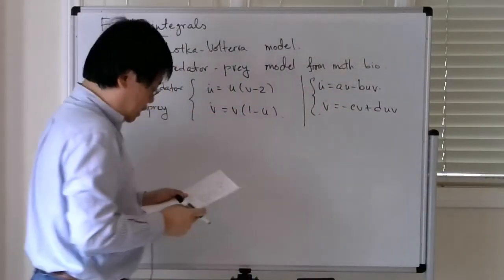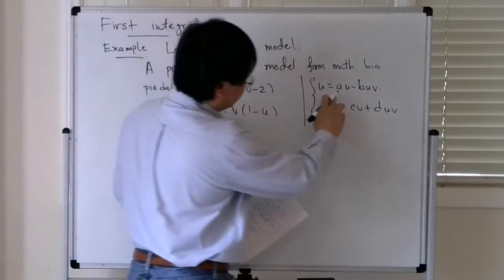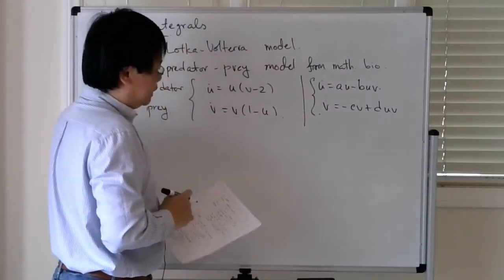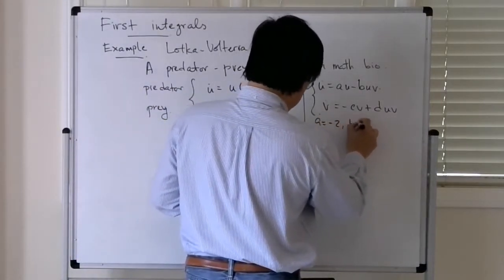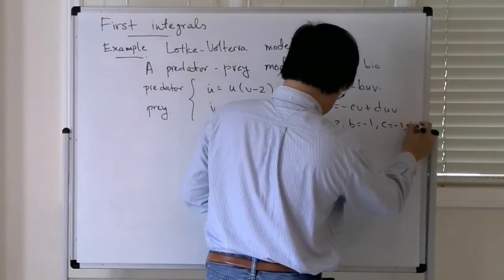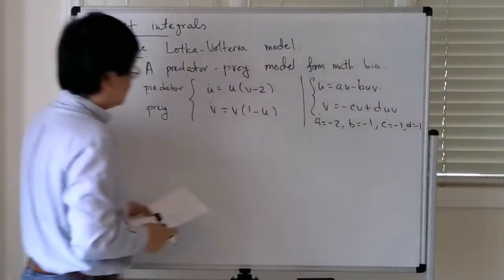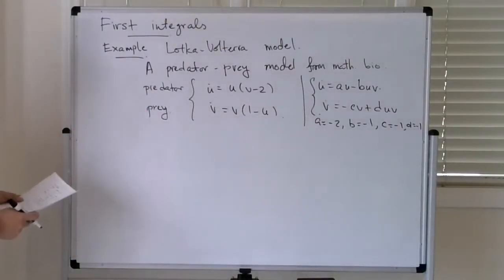Okay, and so this specific one just comes from specific choices of parameters a, b, c, and d. So here a is minus 2, b is minus 1, c is minus 1, and d is minus 1. Okay, so this is the more general class of models.